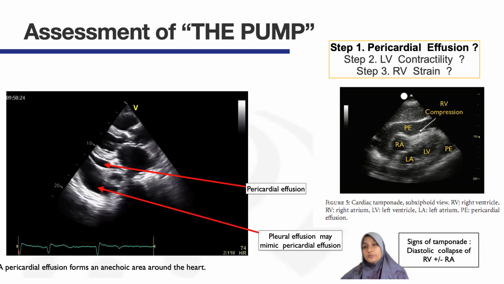Right. So this is also another view to see whether there's any pericardial effusion, which is the subxiphoid view. This is a still image, but later I'll show you a video. That's the liver, right atrium. You cannot see the right ventricle from here because it has collapsed due to the pericardial effusion.